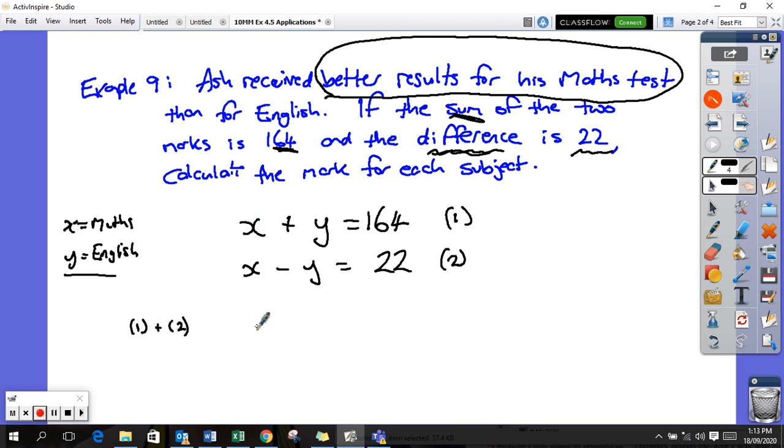X plus X is 2x. Y plus negative Y cancels out and there's nothing. So we eliminated the Y, so we're using the elimination method here. And 164 plus 22 is 186.